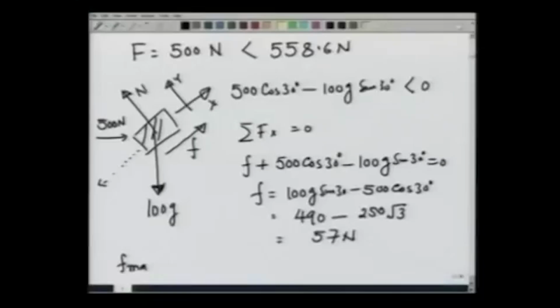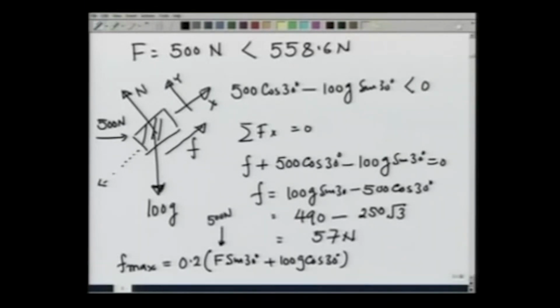Let us see what is the maximum possible frictional force that I can have. So, F max in this case is again going to be mu s, 0.2, times the normal reaction, and I have been calculating it. So, F sine 30 degrees plus 100 g cosine of 30 degrees. F in this case is 500 newtons.